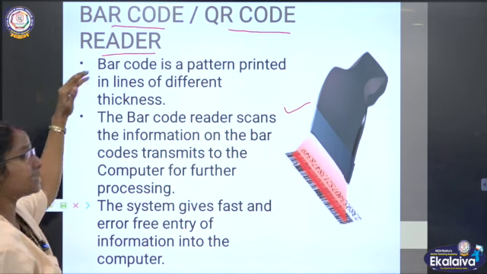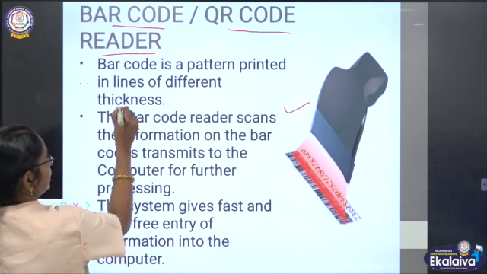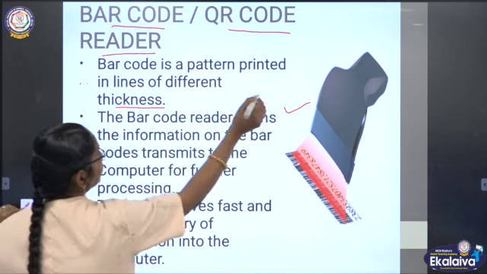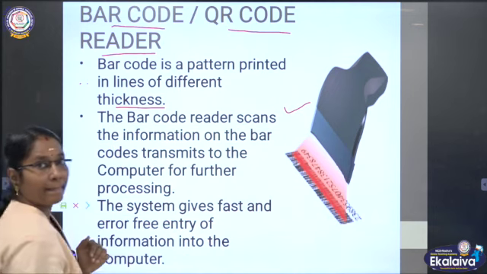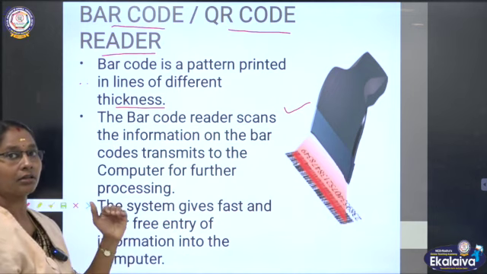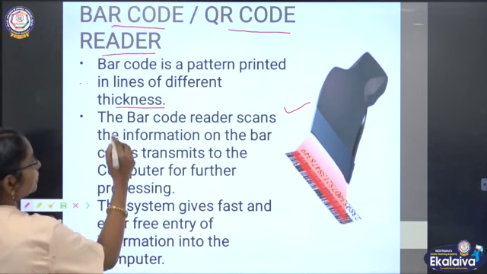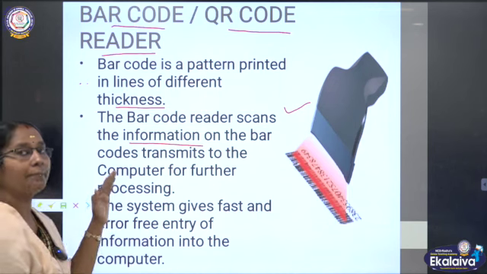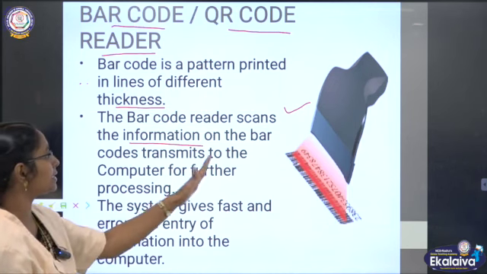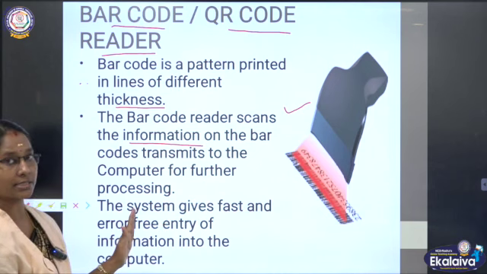It is printed in lines of different thickness, dark shade and also thin. Next, the barcode reader scans the information on the barcodes and transfers it to the computer for further processing.